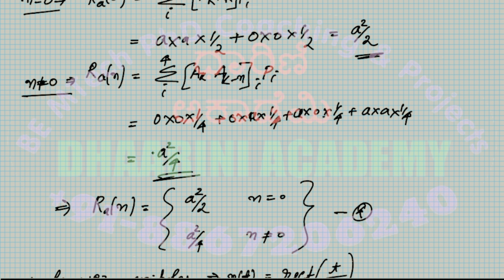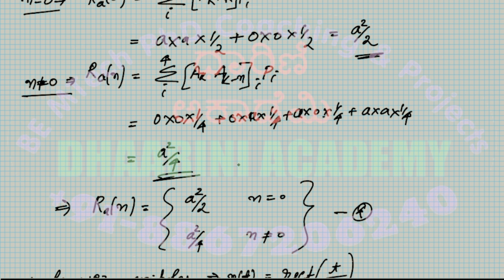Earlier we have seen that. And also I can have 0, 1. 1 is A, so 0 into A, and 0 into A into 0. And also I can have the next value coming as A into A, out of which, again, you see the probabilities, that's 1 by 4, because there are four combinations and I have one. Okay, right. So only the last one gives you the answer, that is equal to A squared by 4.